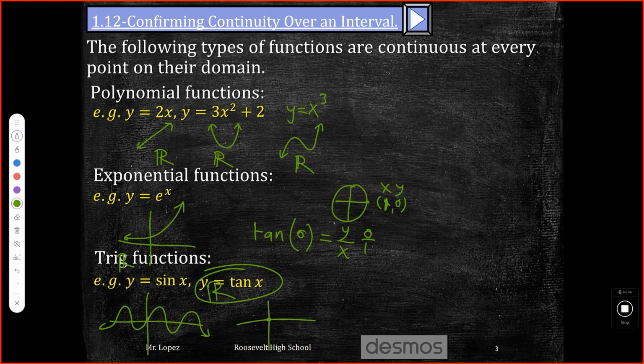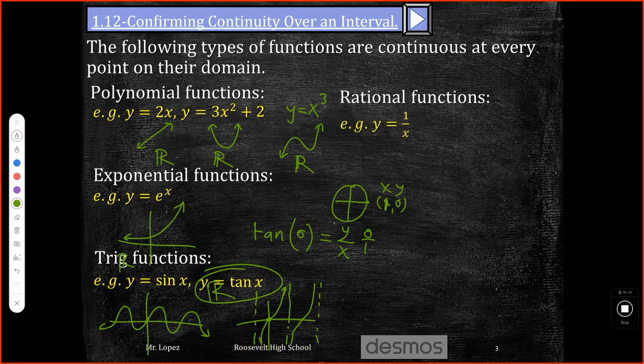So then the graph does something like this, but then it has asymptotes here, and then it just continues going like this, and it has asymptotes. So it is not continuous on the reals, but it's continuous on its domain. So this is one that is continuous on its domain. On these other ones on the reals, on the real number line.